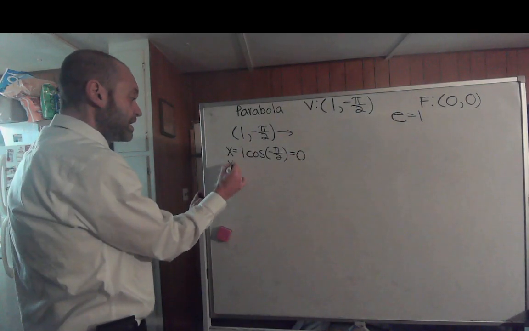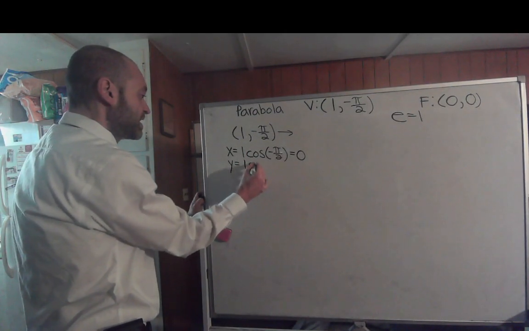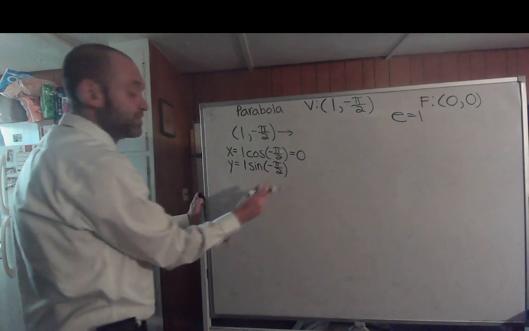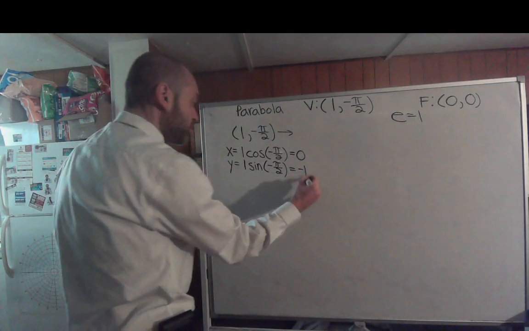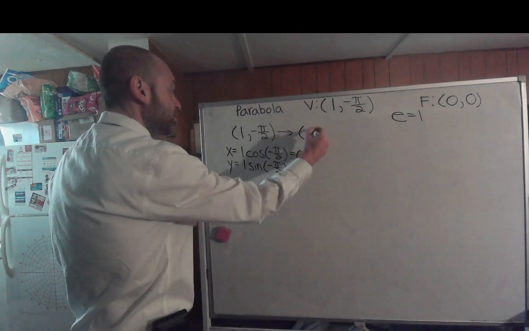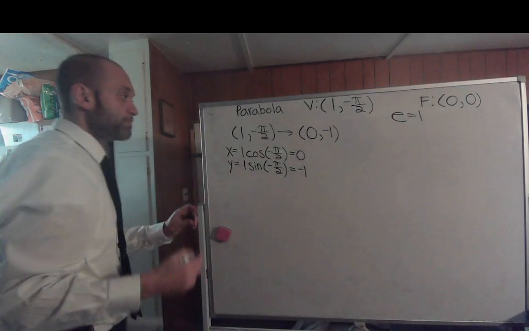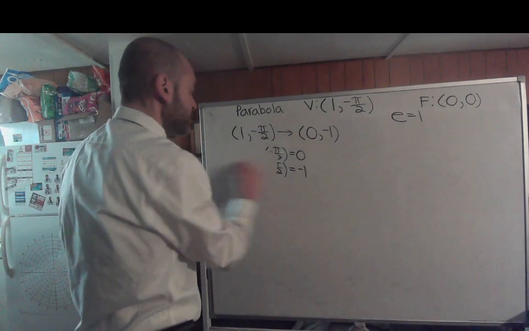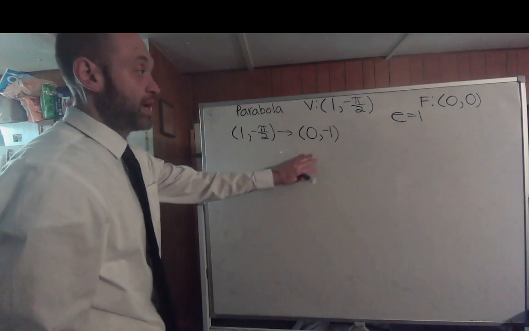And then y equals r sine of theta. So 1 times the sine of negative pi over 2. The sine of negative pi over 2 is -1. Then times 1, that's -1. So in rectangular coordinates, you get the vertex to be 0, -1. So now we've got this in a form we can work with. The focus is at 0, 0. The vertex is at 0, -1.